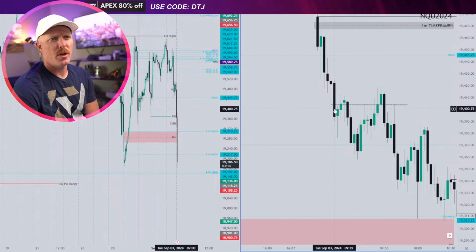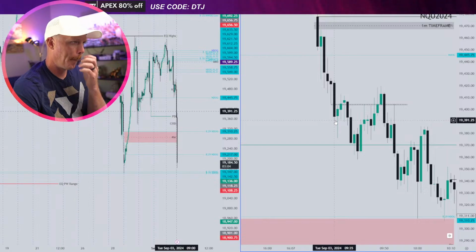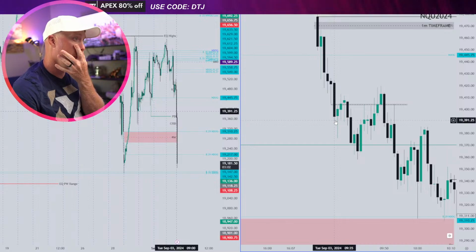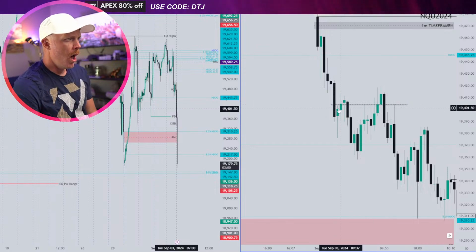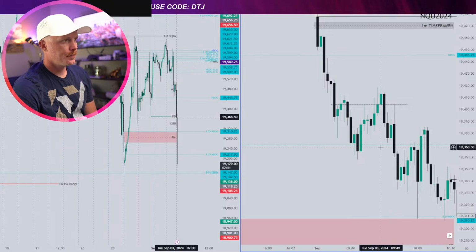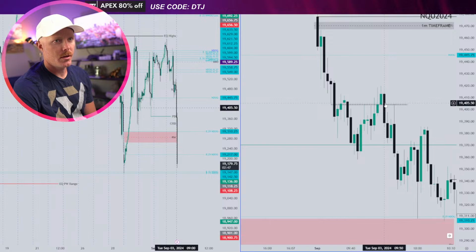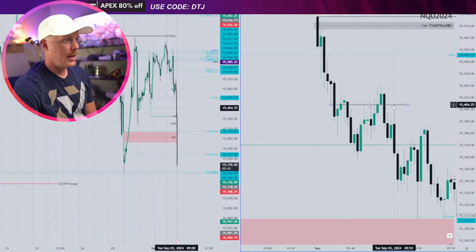Look at the reaction from the 930 candle. I mean, that fair value gap on the 935 candle is right here. It looks great. It's beautiful.